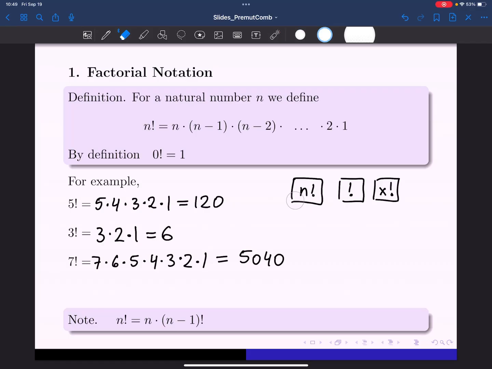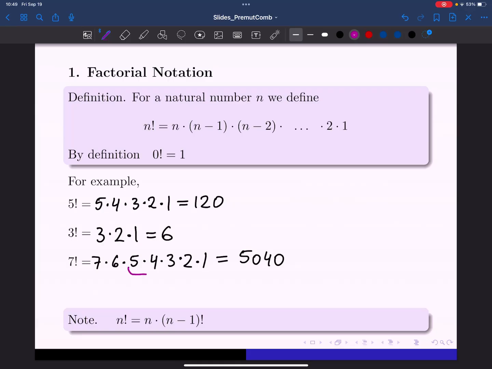Now, and this is going to be more convenient, if I have 7 factorial, I can write that this would be 7 times 6 times 5 factorial, where 5 factorial means that you're going down from 5. Also, 7 factorial could be written as 7 times 6 factorial, because 6 factorial means that we're going down up to 1.